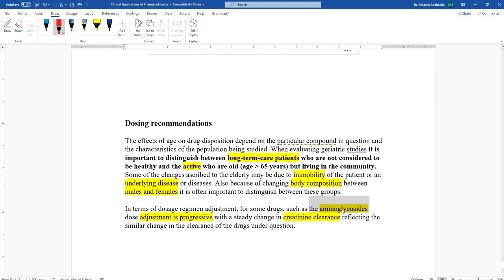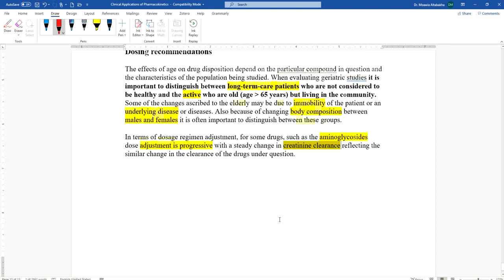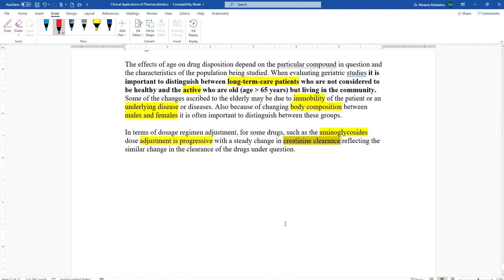It's toxic to the kidneys, so the kidney will start to have reduction in its function with time. I cannot keep the aminoglycoside antibiotic dosing the same. I have to reduce it with time, okay? As the creatinine clearance also changes, I also have to change the dose of the aminoglycosides.